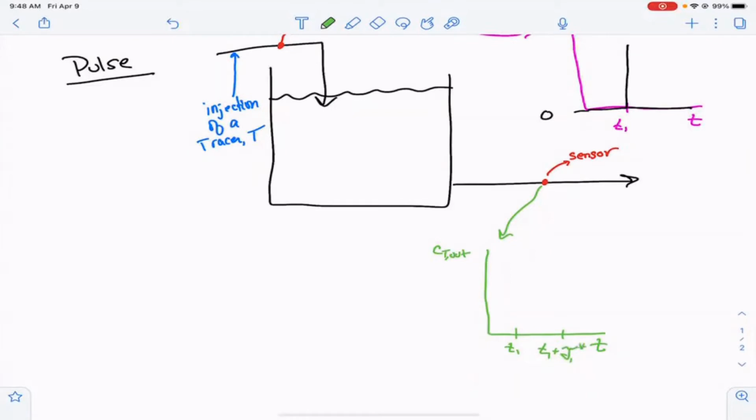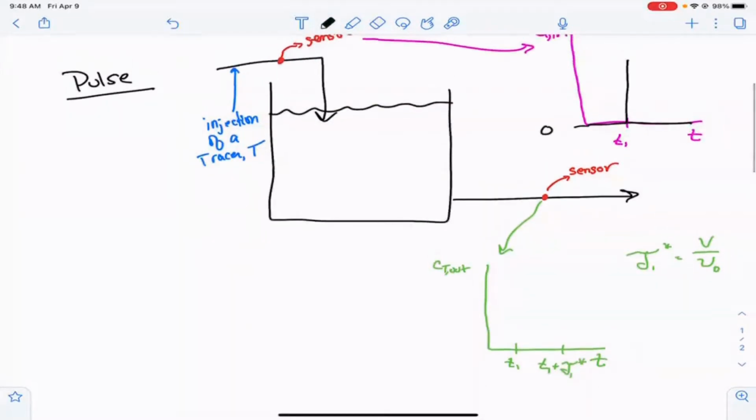And maybe I'll call that tau 1 star, where tau 1 star is just the reactor volume divided by the volumetric flow rate, right? And it's the initial volumetric flow rate. And if we looked at this, well, what would happen? Well, at time equal to 0, of course, we haven't put any tracer into the feed yet. So we don't see anything, right? So we get all the way to T1, we don't see anything.